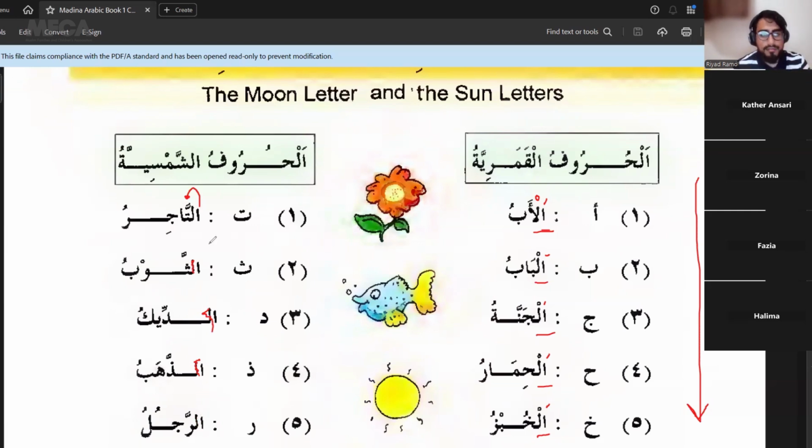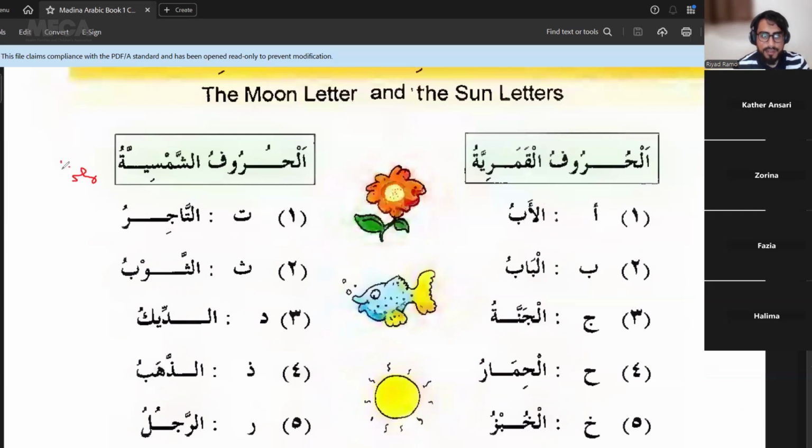But if I have hada in front, for example, then I would just skip these two and jump straight to the ra. Hada rajulu. Okay? For example, if I had it. Hada rajulun, or is it rajulu?